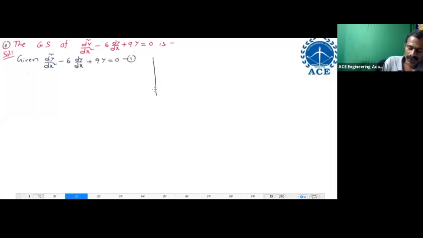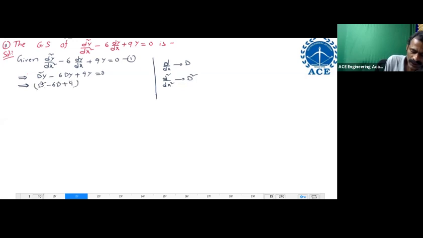It is not in operator form. To write this in operator form, we replace d by dx by capital D, d square by dx square by D square, right? Which implies D square y minus 6 Dy plus 9y equal to 0, which implies (D square minus 6D plus 9) into y equal to 0. It is the operator form.